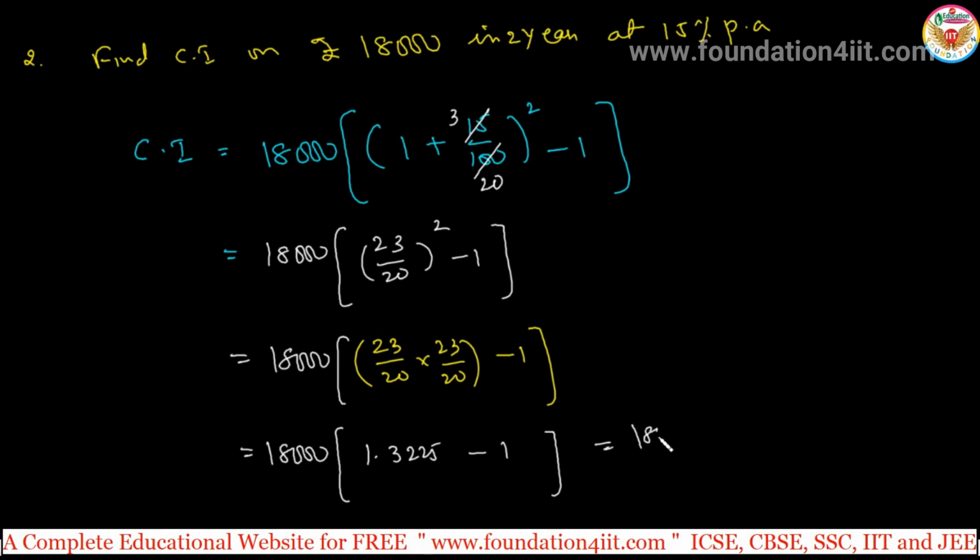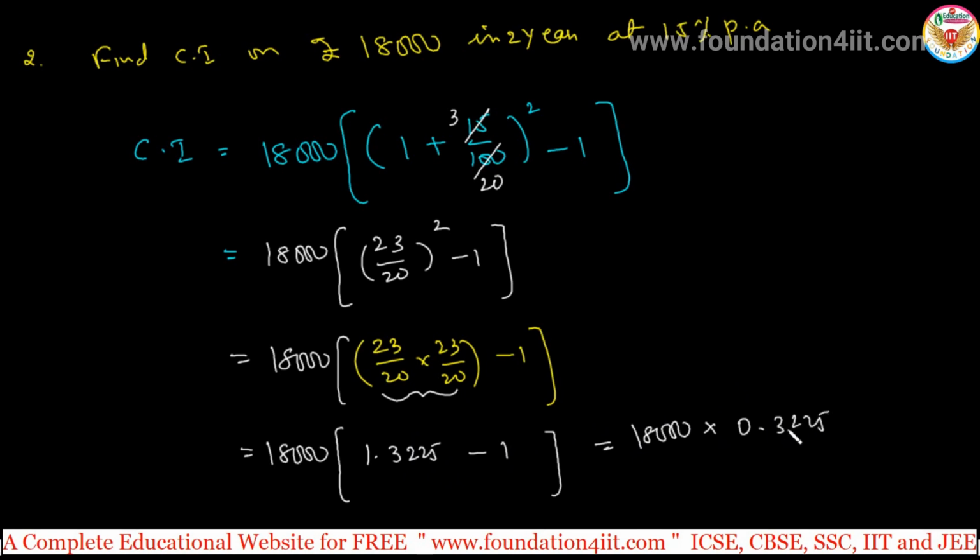So that is finally 18,000 into, after calculation, 1.3225 minus 1, which is 0.3225. After multiplying this, 5,805.